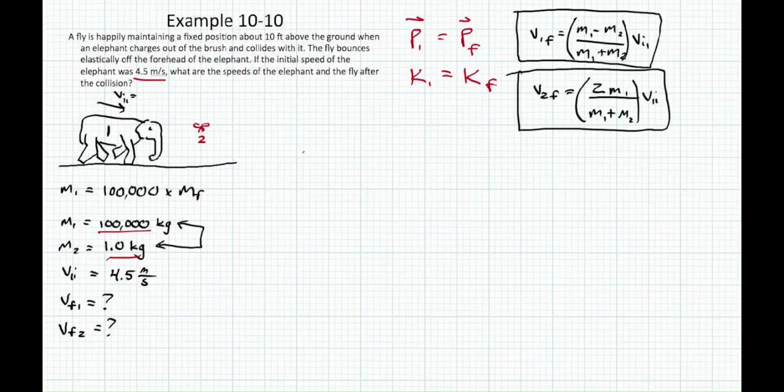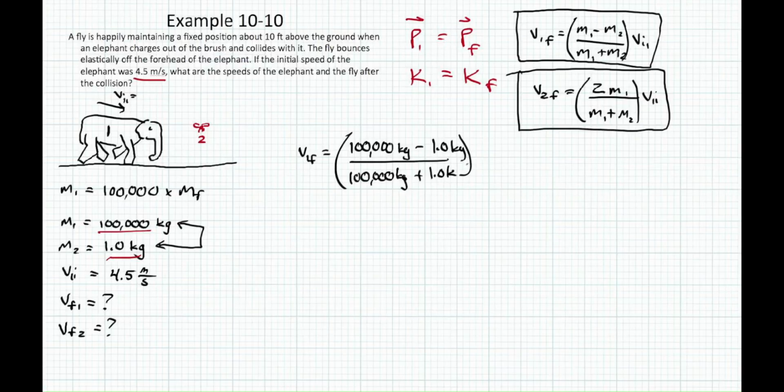So the final velocity of object 1 is going to be mass 1 minus mass 2. That's 100,000 kilograms minus 1 kilogram, divided by the sum of them, M1 plus M2, 100,000 kilograms plus 1 kilogram.